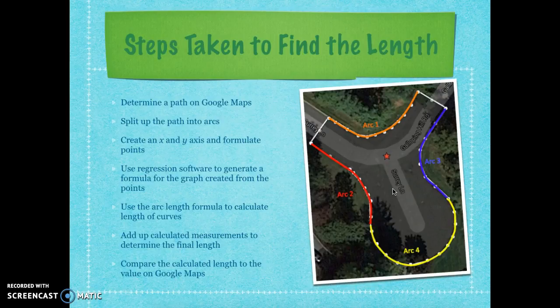After that, I used the arc length formula to calculate the length of the curves using the formulas that the regression software generated. These straight lines over here and over here can be measured using the ruler tool on Google Maps. I used the formulas for each of the curves, added up the results, and then compared this final calculated length to the value that Google Maps gave me.